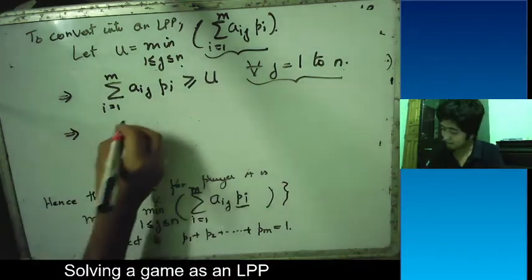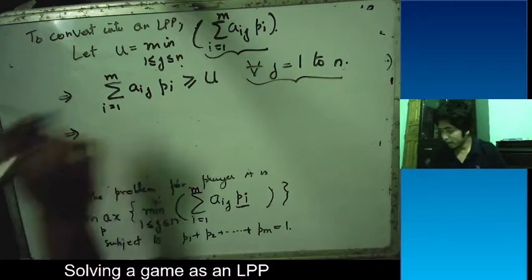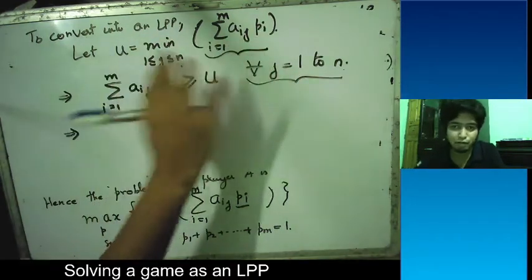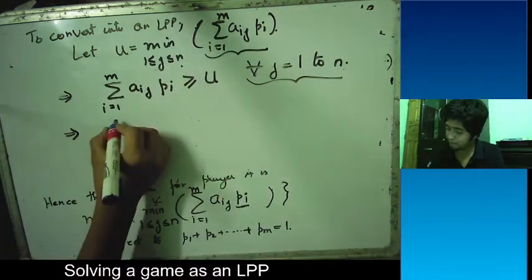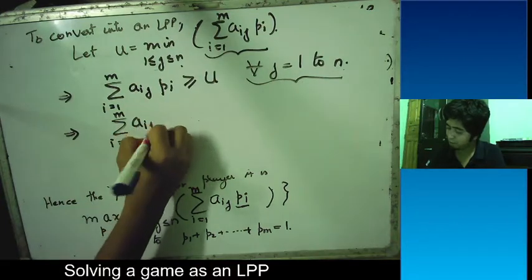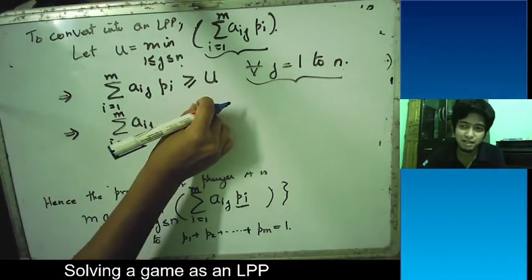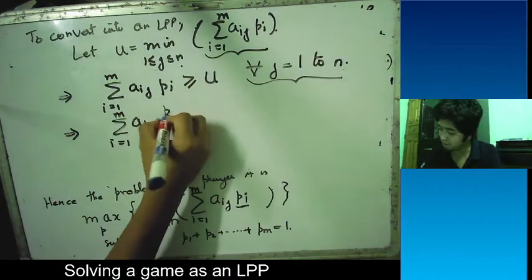What can we do next? I will just write the steps. We can divide the whole thing by u. Over here, u is the minimum payoff for player A, so we can divide by it, there's no harm. But we don't want the sign of the inequality to change, so u has to be positive.